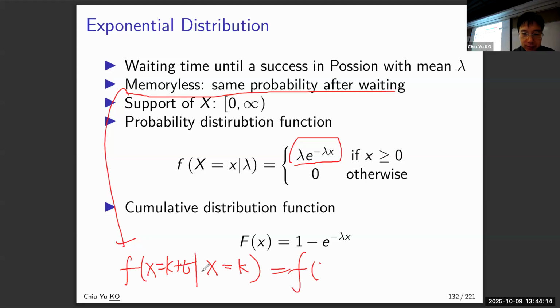This is fine. It means that once you have waited for k periods and it hasn't happened, and you wait another t periods, it's the same as initially waiting for t periods. It just doesn't remember how long it has waited if it doesn't happen.